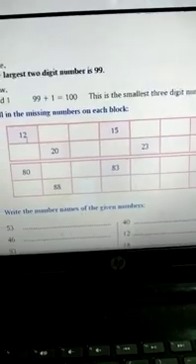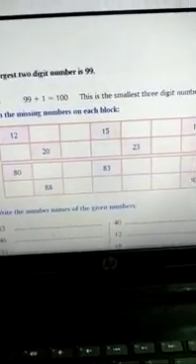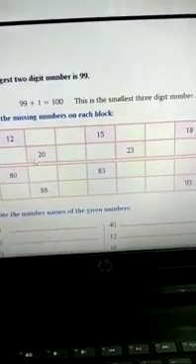Missing numbers. 12, after 13, here 14, 15 is already given, 16, 17, 18, 19, 20, 21, 22, 23, 24 and 25. And here is the another box.